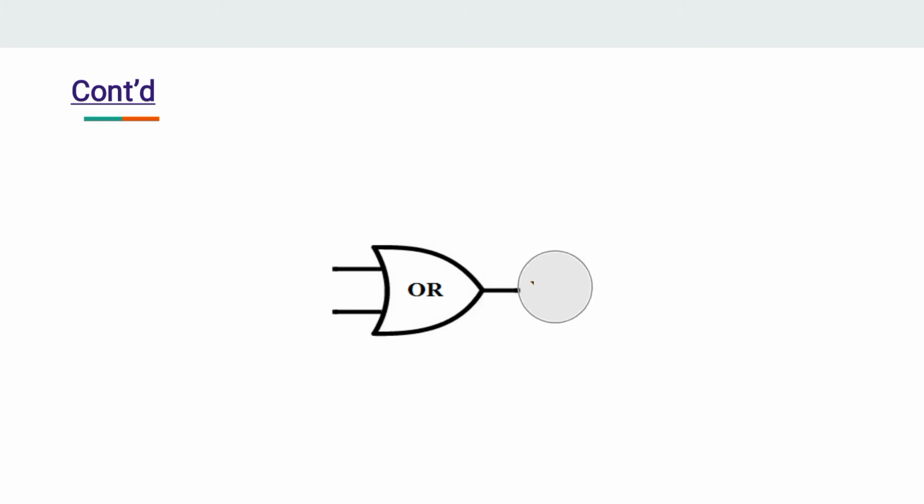The same, that is when the input is high and low, the output is high. Or the fourth one, that is when both the inputs are high, the output is high. So these are the four possible OR gate operations.